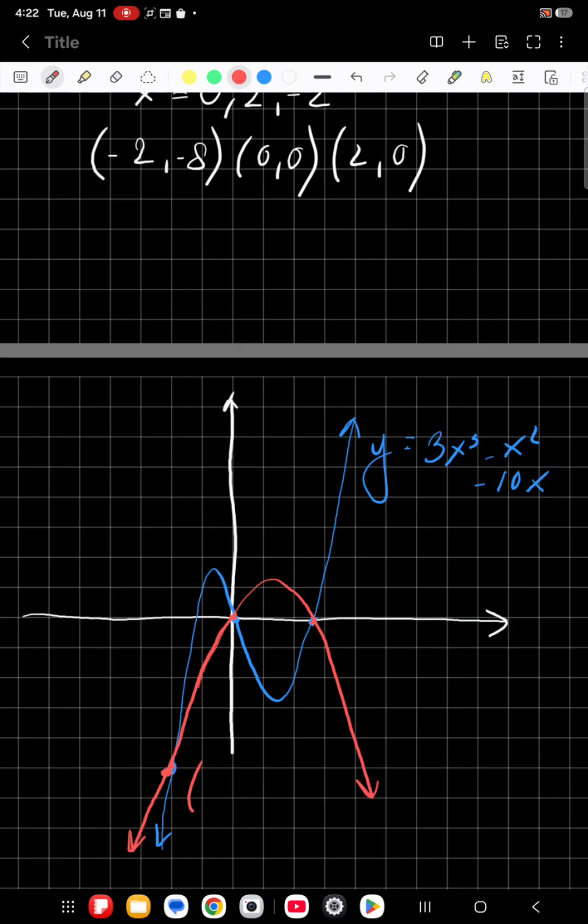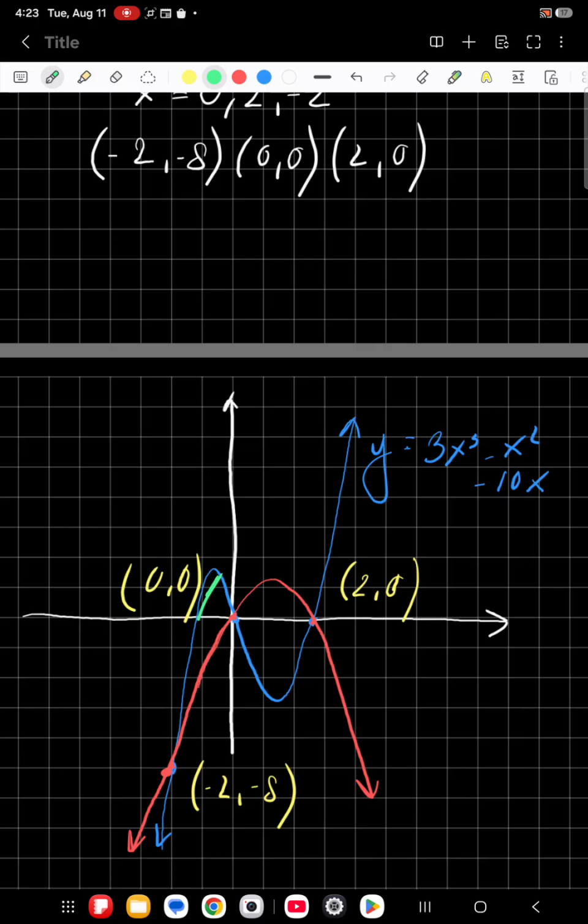Let's label those points with a different color. Make them yellow. This one is negative 2, negative 8. We have 0, 0, which is obviously the origin. And then we have 2, 0. Now the area between those two curves, I hope you see it.